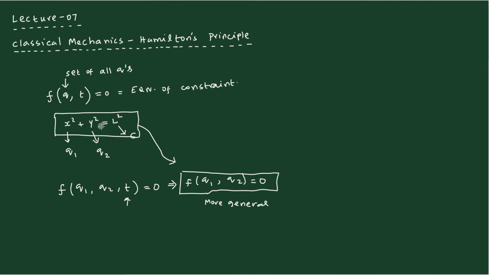Telling it the other way, x square plus y square equal to L square is a very specific example of the more general way of writing f of q1 comma q2 equal to 0. So you should now be in a position to appreciate how we move forward from a specific case to a general case. Simple pendulum is only a specific case. We cannot every time write the equation for the simple pendulum only. We must be able to generalize to any dynamical system.